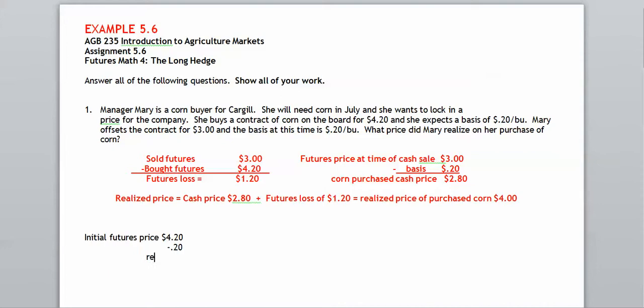So our realized price is $4. That's a lot faster way of doing all this, but I do it the long way so you see where the numbers come from. And there it is.